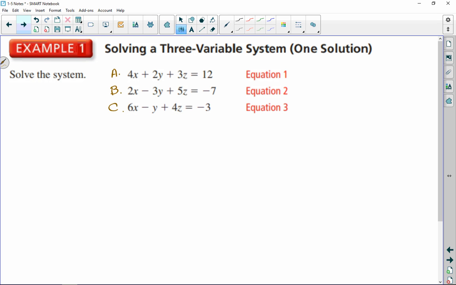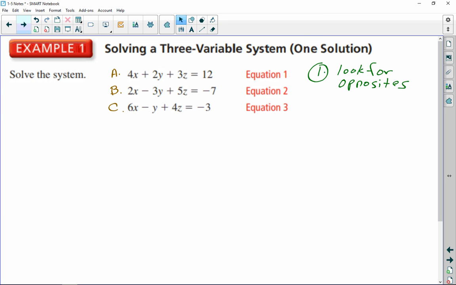Now, first thing you want to do is look for opposites. Write that down. Look for opposites in 1 or 2 of the equations.